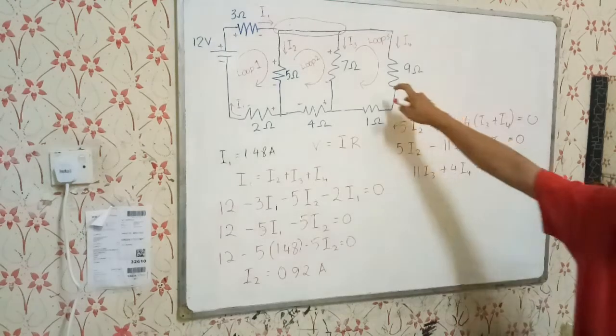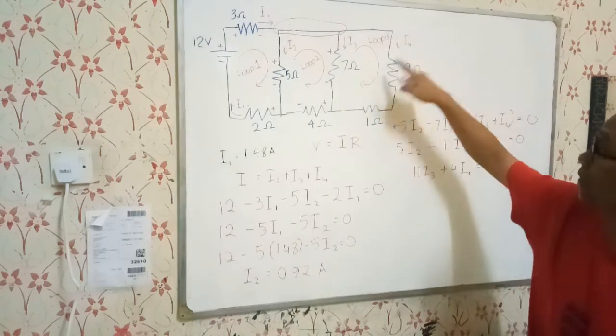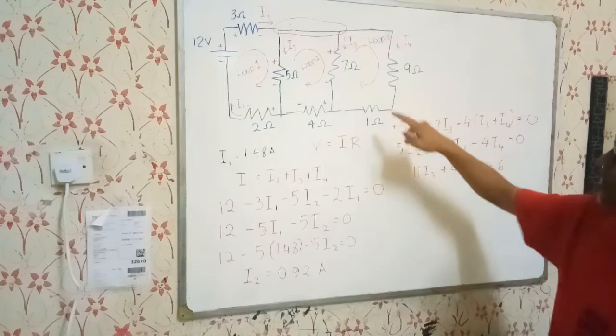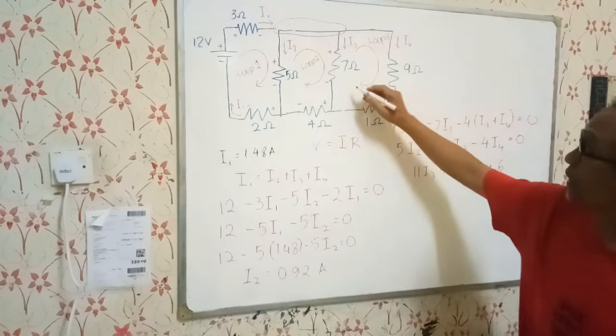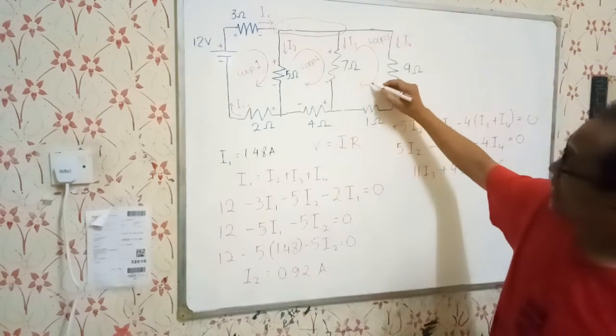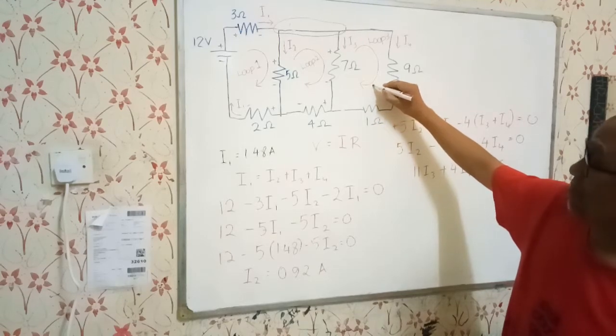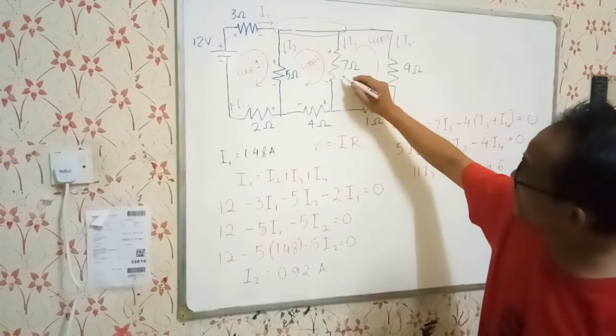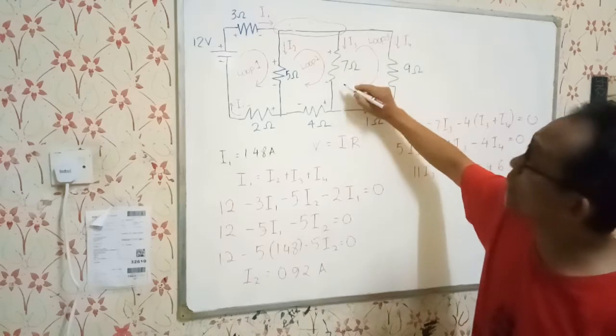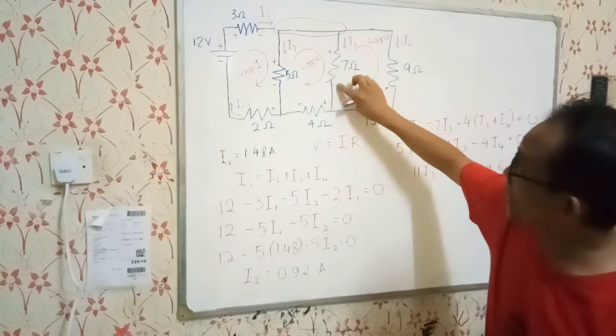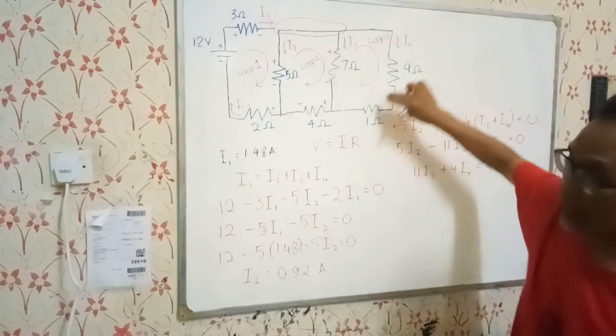And now we go to the third loop, loop number 3. There are only 3 resistors, so as we go in the direction of this arrow here, the voltage across this will be positive because it goes from minus to plus as it goes clockwise.